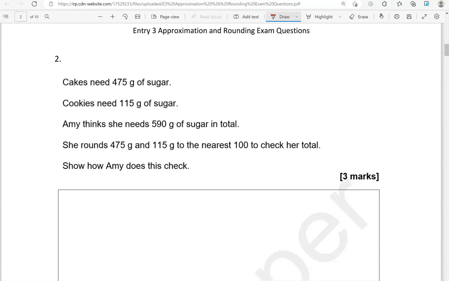So we're going to round the two numbers to the nearest 100. So first, let's locate the hundreds digit. So when I read 475, 400, so 4 is that digit which represents the hundreds. 115, so that is 115. 475, that sits in between 400 and 500.